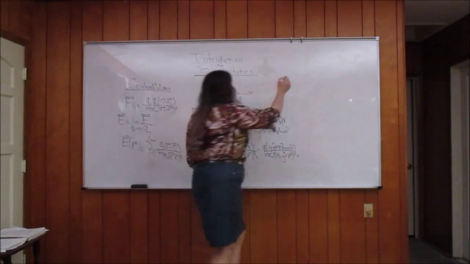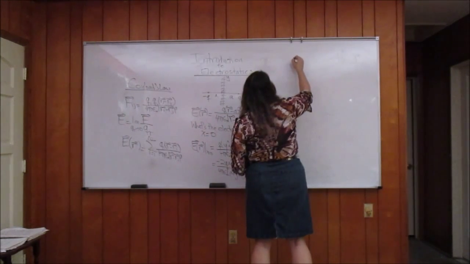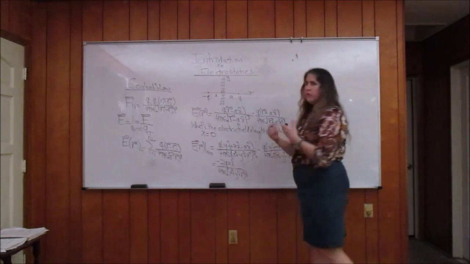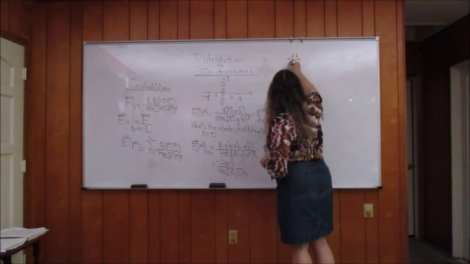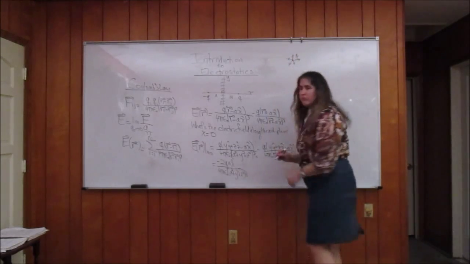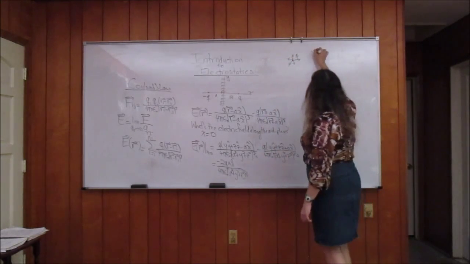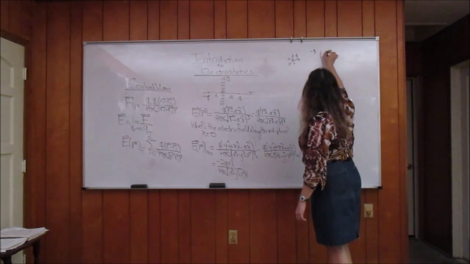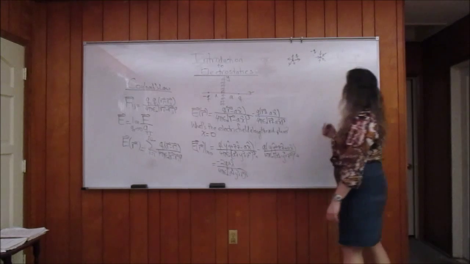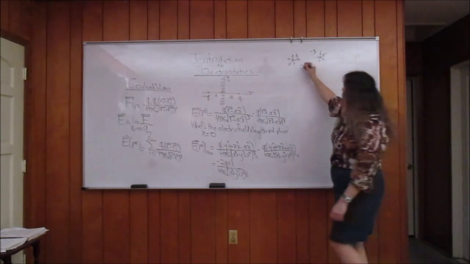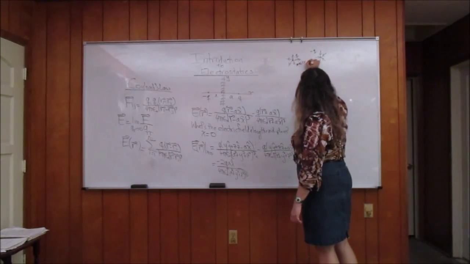So if we took isolated charges, first of all, your electric field lines radiate outwards, like so. If you have a negative charge, the lines terminate there. So this is a source, and this is a sink.